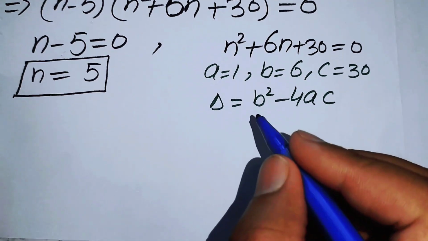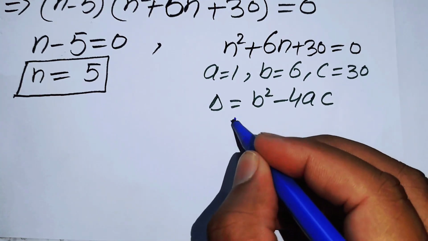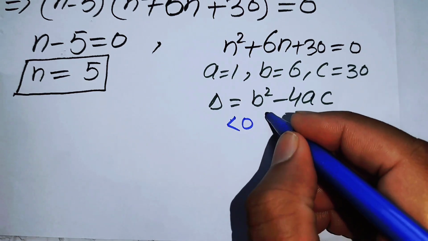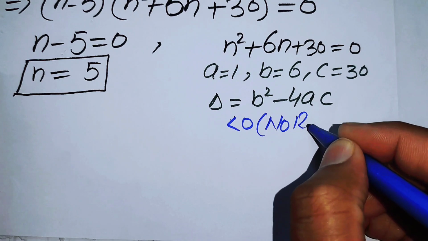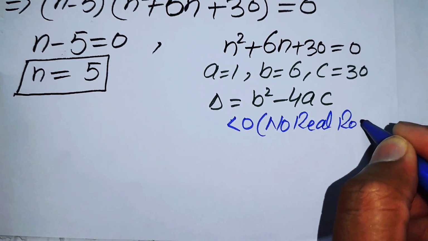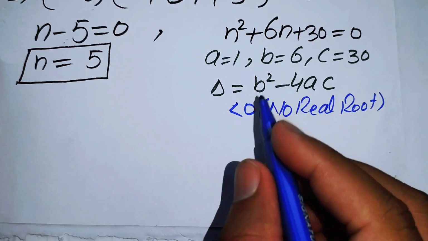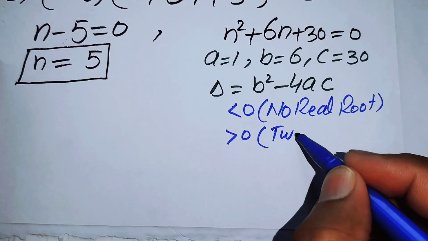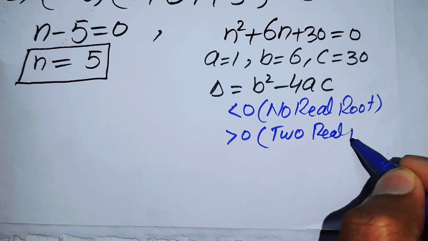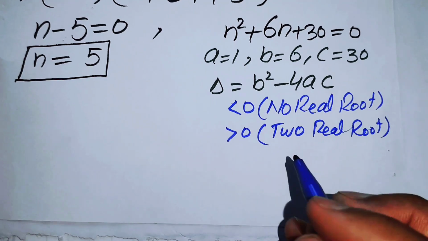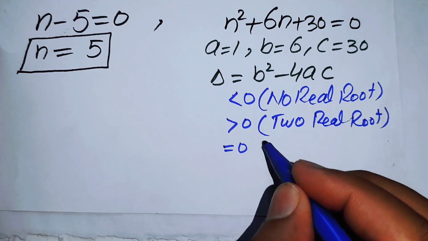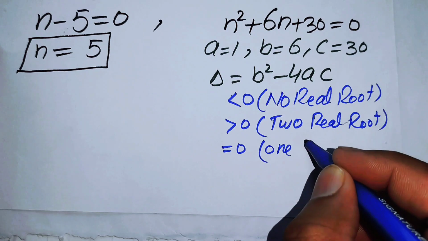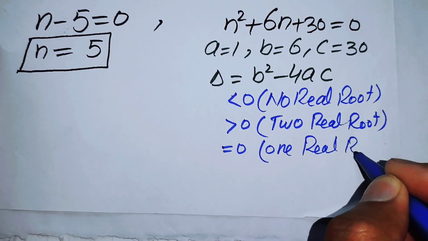If delta is less than 0, then this quadratic equation has no real root. Similarly, if delta is greater than 0, then this quadratic equation has two real roots. Similarly, if delta is equal to 0, then this quadratic equation has one real root.